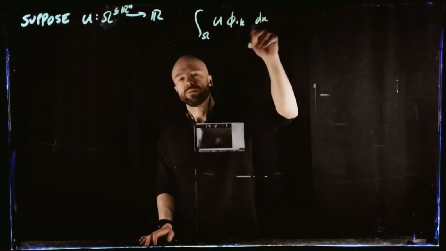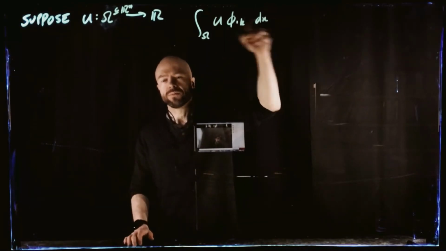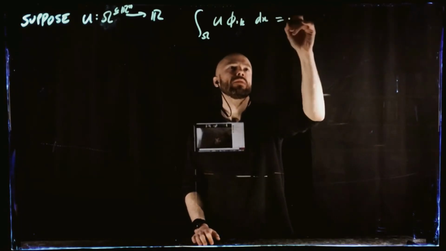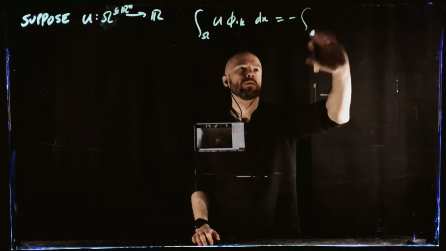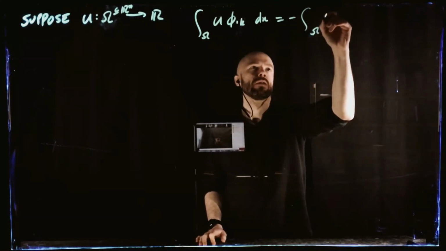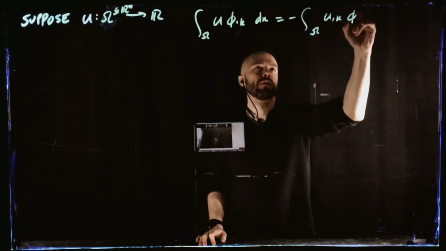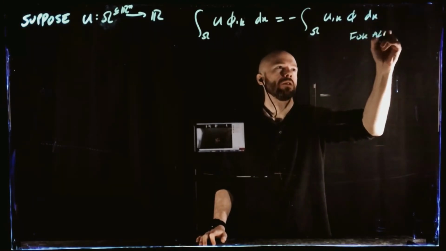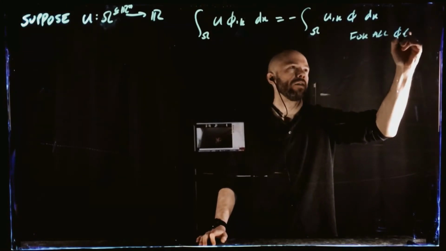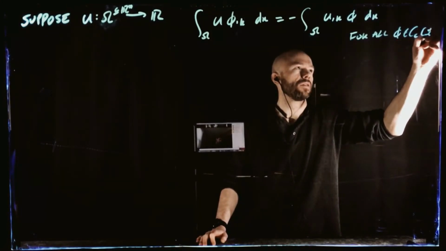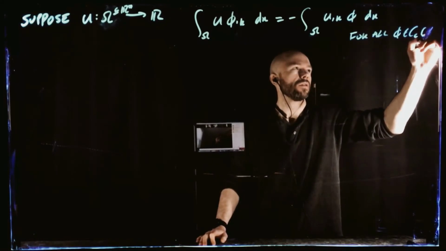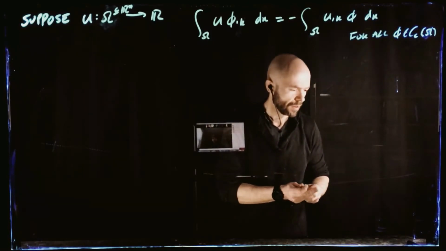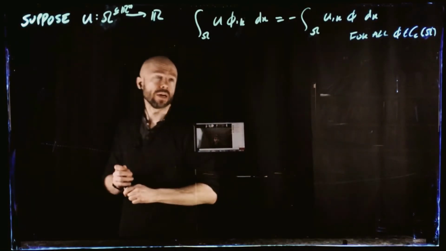And now dx means the n dimensions, dx1, dx2, dx3, dxn. Then this thing is equal to minus the integral of u comma k phi dx, for all test functions phi with compact support inside Omega, scalar valued.